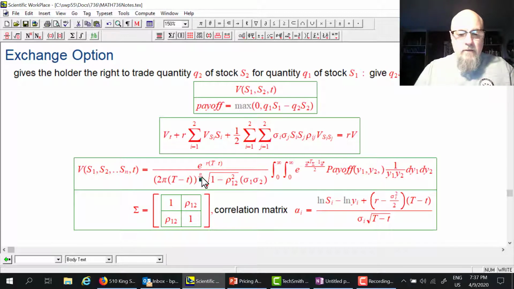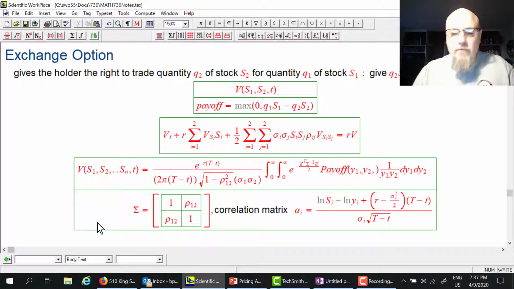And n is equal to 2, so 2 over 2 is 1. So we've simplified things up. I just need to worry about these endpoints here.